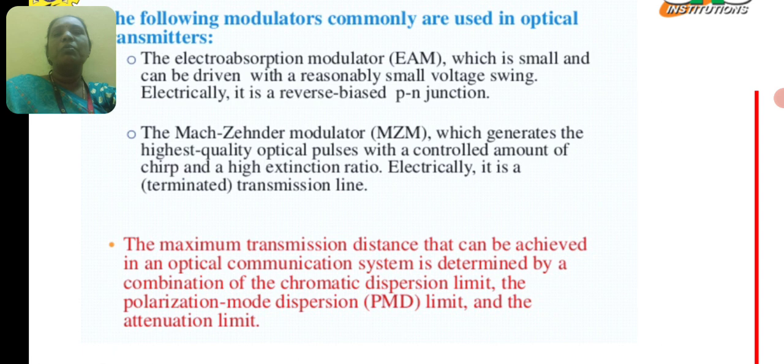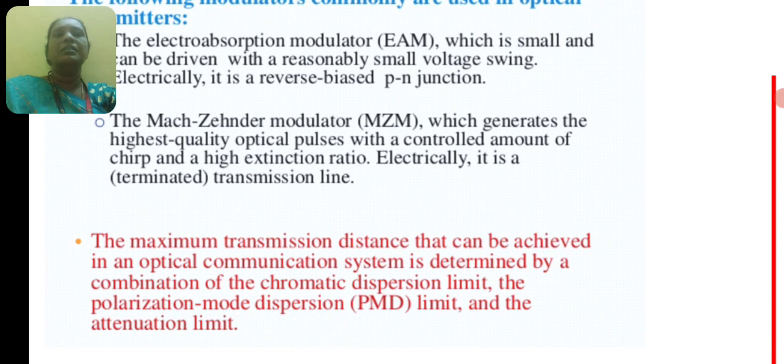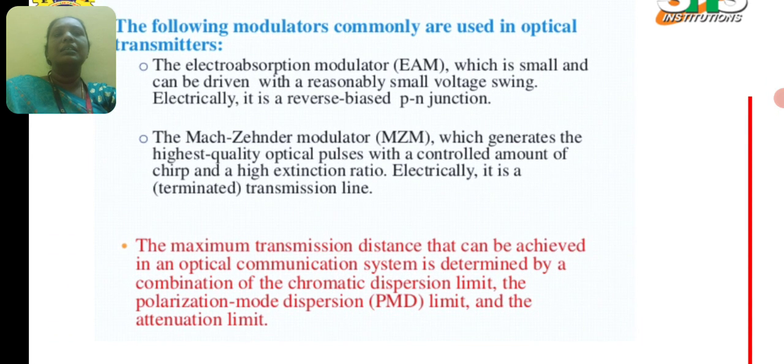There is one more modulator called the Mach-Zehnder modulator, which generates the highest quality optical pulses with a controlled amount of chirp and a high extinction ratio. The maximum transmission distance that can be achieved in an optical communication system is determined by the combination of the chromatic dispersion limit, the polarization mode dispersion limit and the attenuation limit.